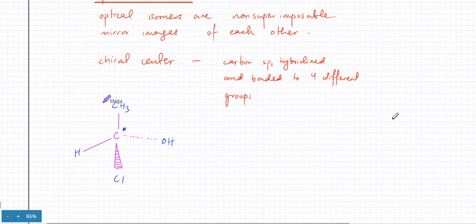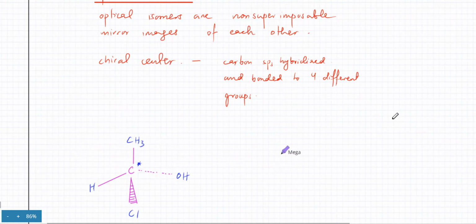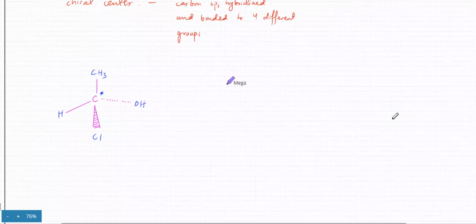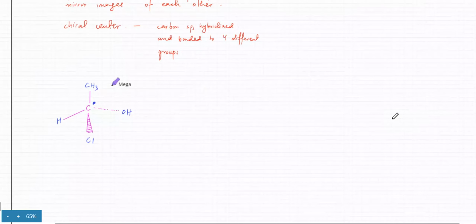It's called a chiral center because it's capable of forming non-superimposable mirror images. Basically, what's going to happen is that there's going to be another molecule that's going to look exactly the same, like your left hand and your right hand.